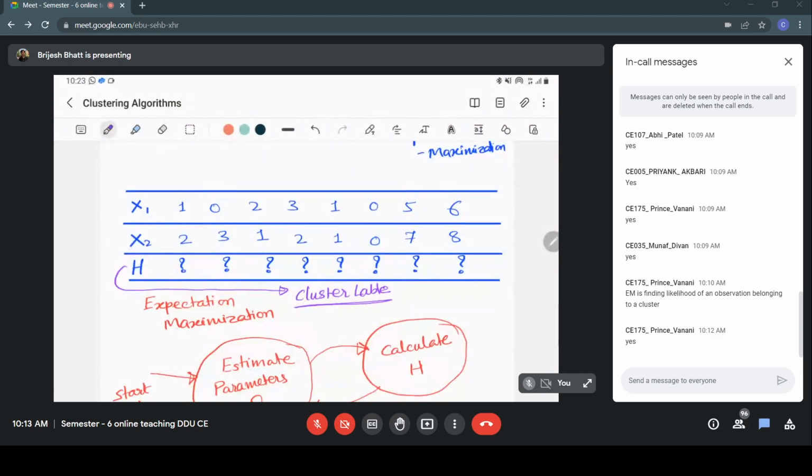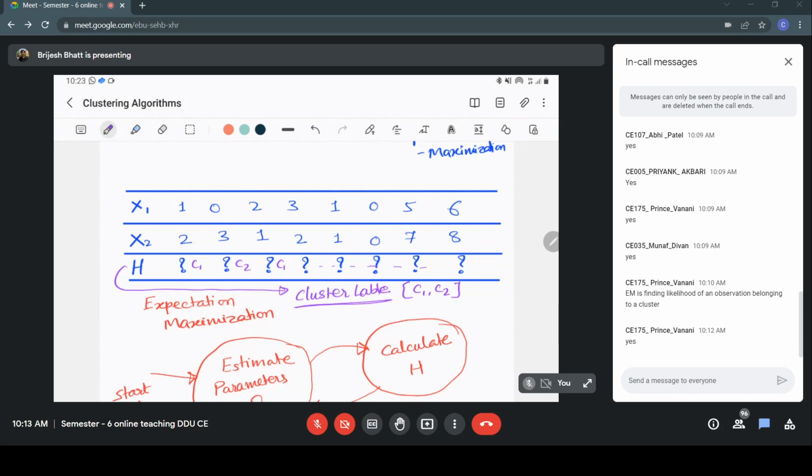Let us say we are dividing data points into two clusters, as we did in the previous example. We are dividing data points into two clusters, C1 and C2. So this h can take the value of C1, C2, C1, and so on.